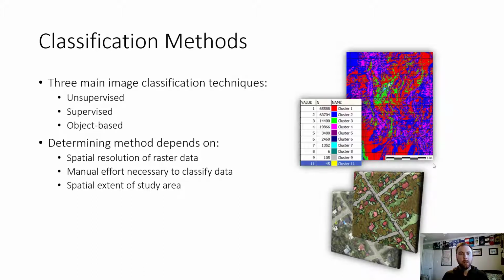And determining the method depends on the spatial resolution of the raster data that you are working with, the manual effort necessary to classify the data, and the spatial extent of the study area. Each of those has an effect on what method you choose. I would also add to that, under the category of manual effort, the amount of time you intend to run the classification, because some of these techniques are very fast, others are a bit slower. All right, so let's get into unsupervised classification first.